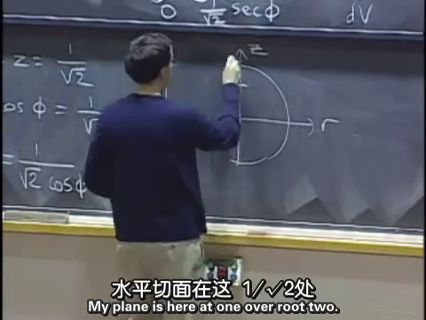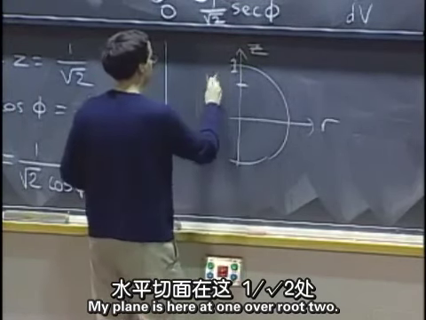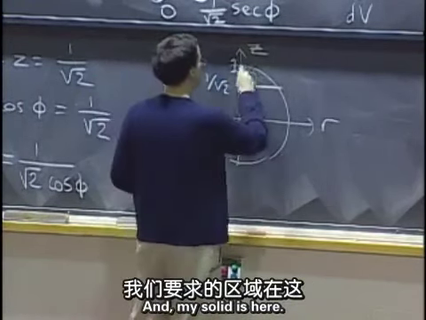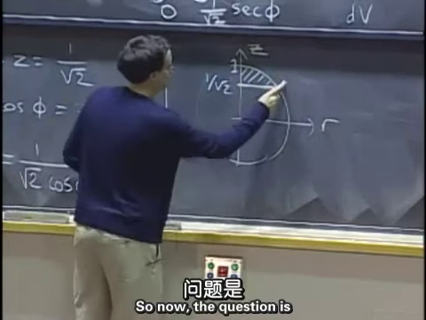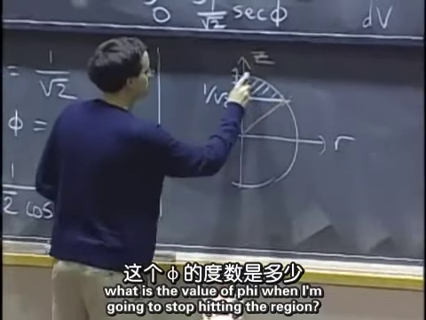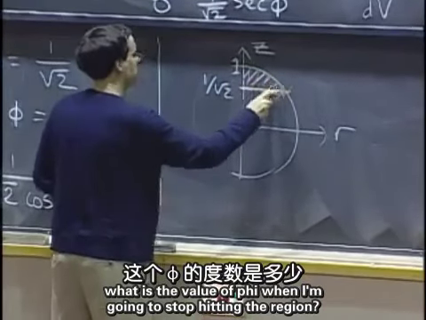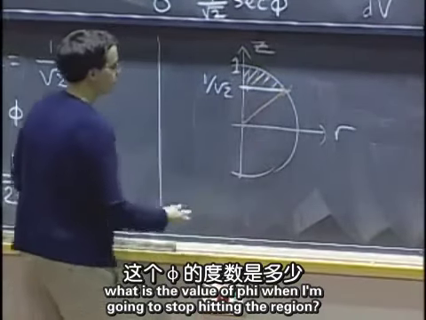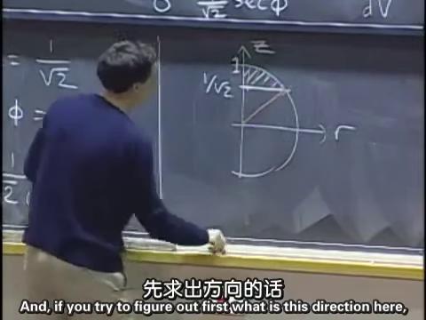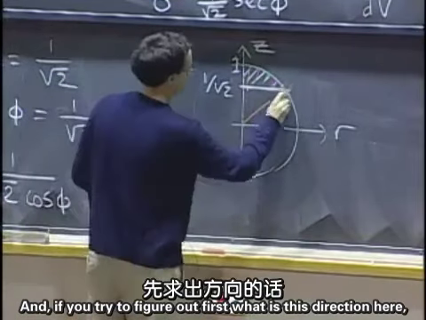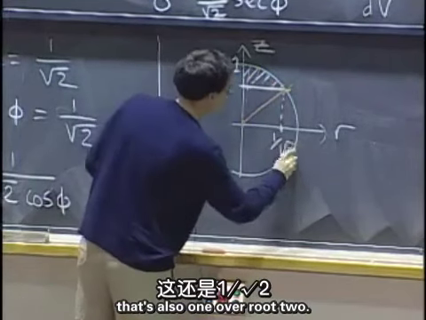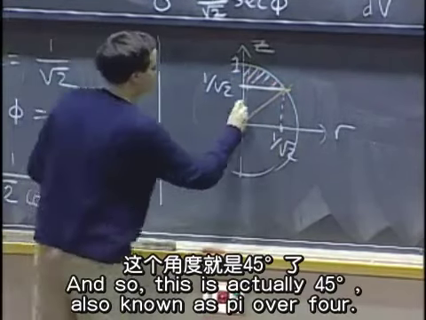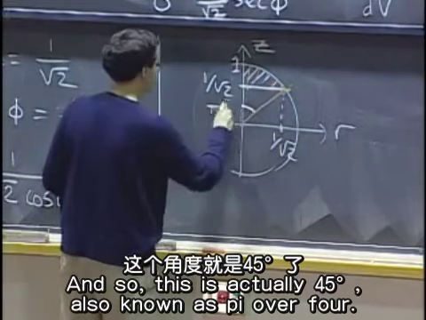My plane is here at 1/√2, and my solid is here. So now the question is, what's the value of phi when I'm going to stop hitting the region? And so if you try to figure out first what is this direction here, that's also 1/√2, and so this is actually 45 degrees, also known as pi/4.